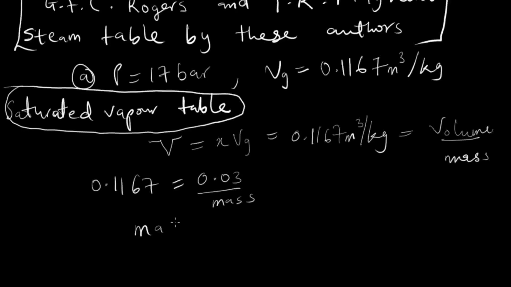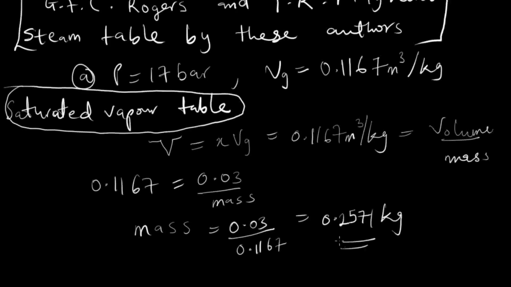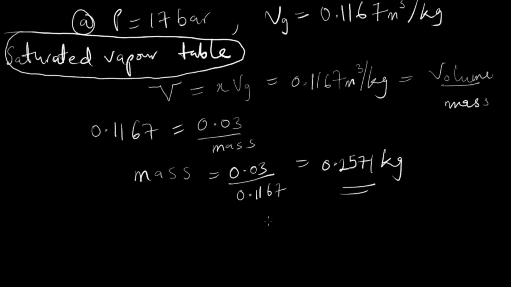So our mass now will be 0.03 all over 0.1167. That will give us 0.2571 kilogram. So we found the mass of steam in the vessel.